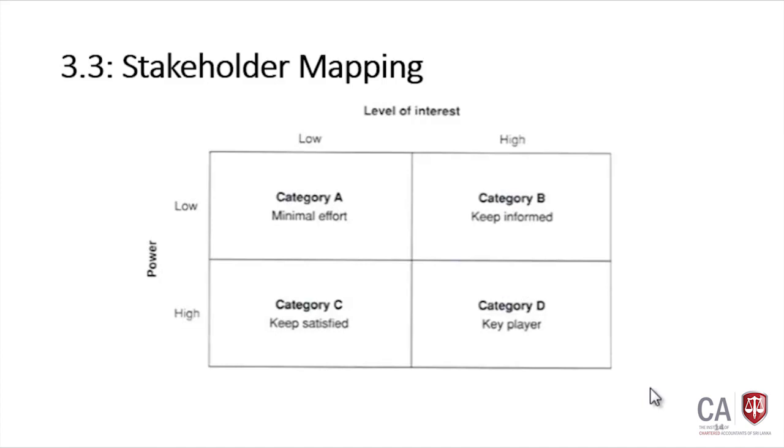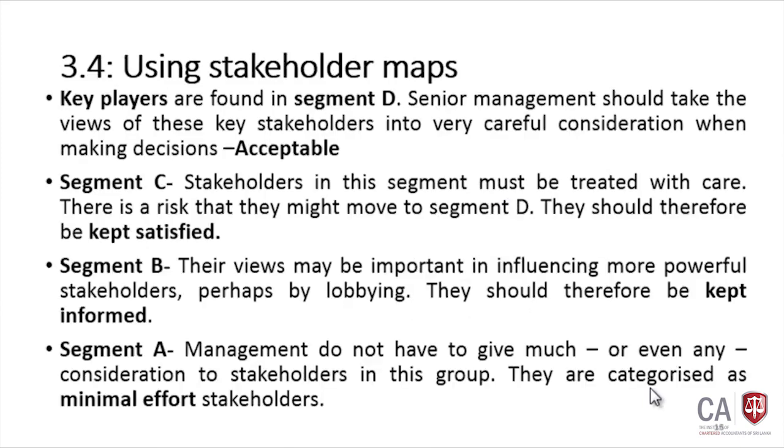Category D, that is the most important group. They are the most powerful group. That is why we identify them as key players. So, your strategy should be acceptable. Whatever you do, that should be acceptable to the category D group. Look at this slide. This includes what I have stated for you.